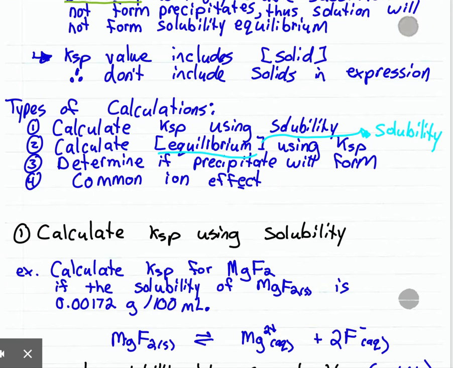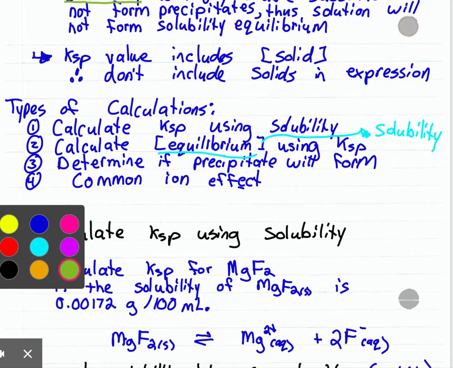I just want to point out that there are 2 fluorine ions in the ionic compound, and so there have to be 2 fluorine ions in the equilibrium when it dissociates. We knew that already from when we were looking at how ionic compounds dissolve last year.